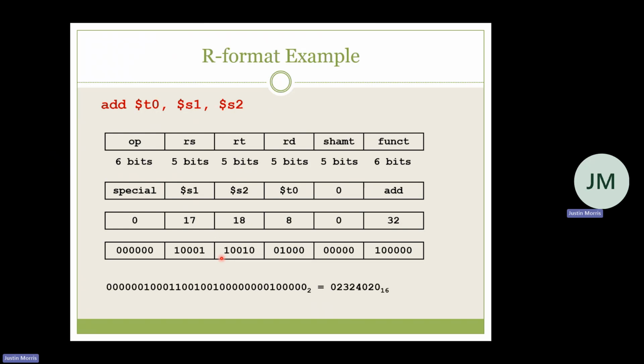And one thing to keep in mind when you convert this to hex, this is 6 bits. Oftentimes, students will just convert the 6 bits into 2 hex digits here, but that's not correct.